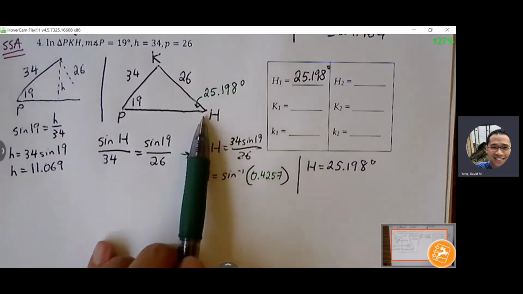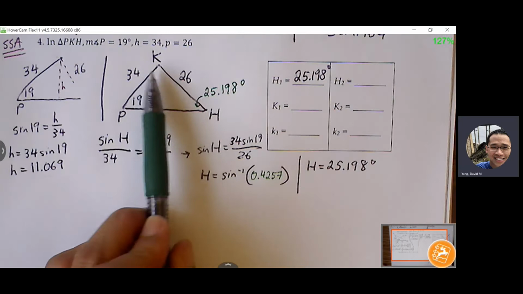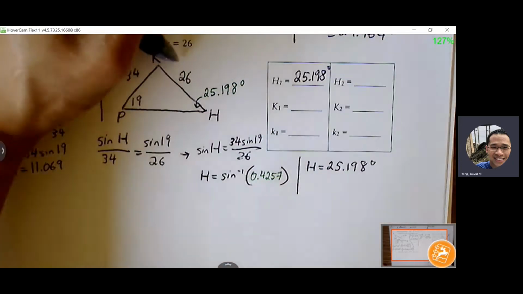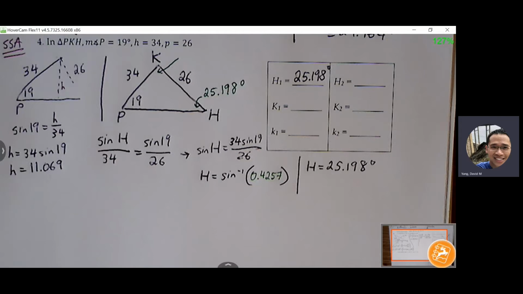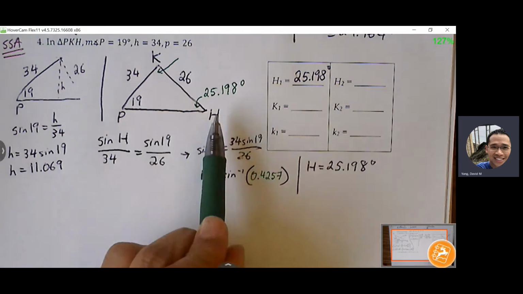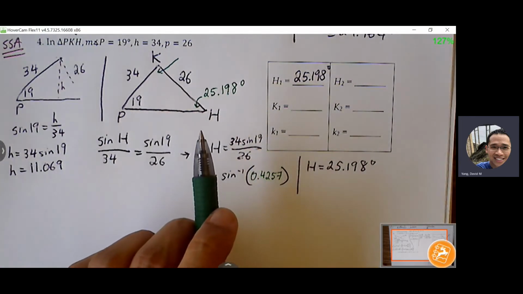Okay, so if I have 2 angles, that third angle should be easy. Subtract from 180. Let's find that angle K. 180 minus 19 minus 25.198.